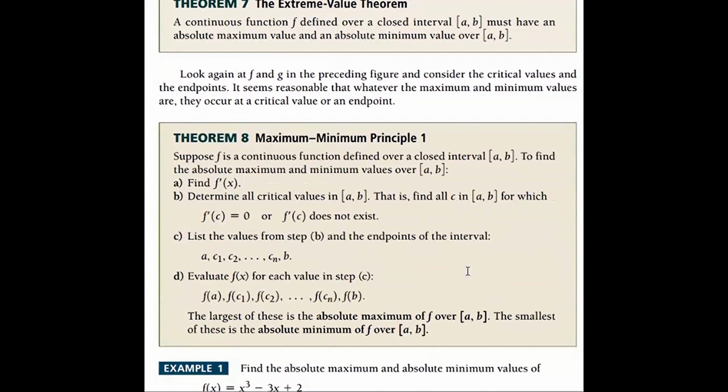So I need to find the derivative of T and the critical points of T, make sure that they're within that interval, and test the value of the original function at the endpoints and at the critical points.